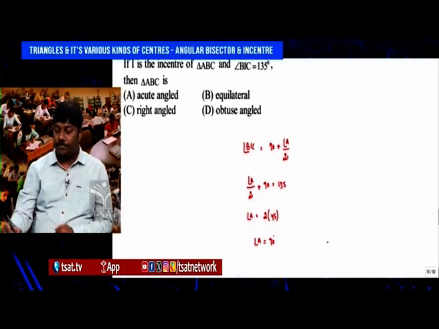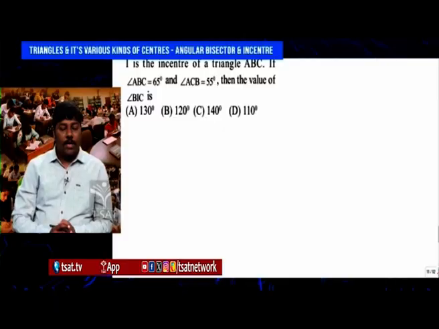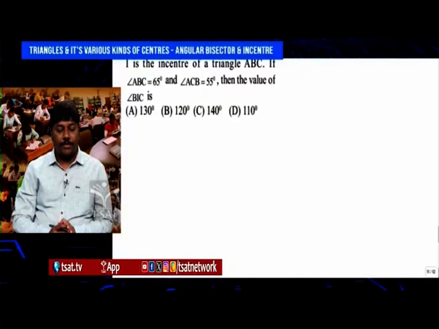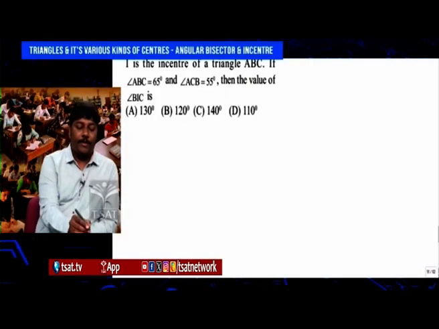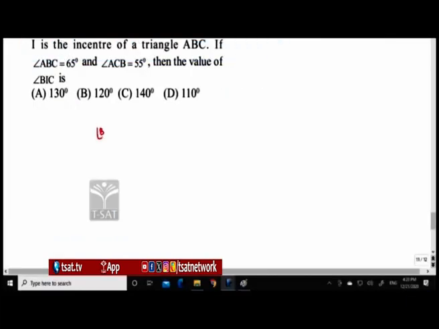Look at the next one. I is the incenter of triangle ABC. If angle ABC is equal to 65 degrees and angle ACB is equal to 55 degrees, what is the value of BIC? So, here angle ABC is nothing but angle B. Angle B is given as 65 degrees.